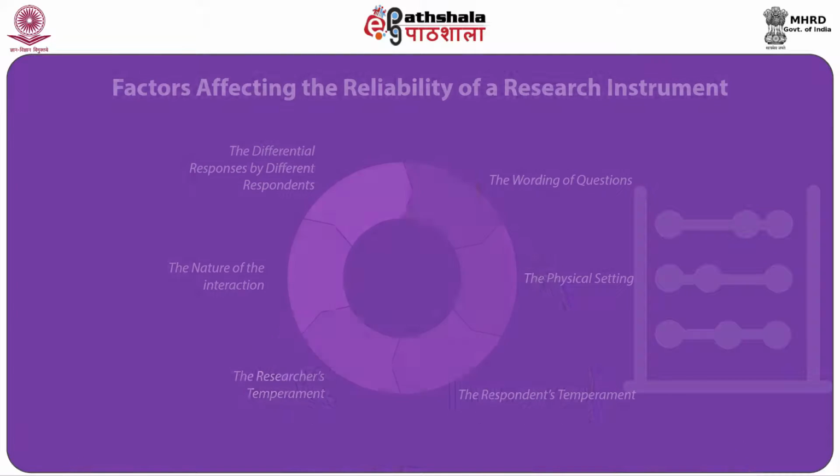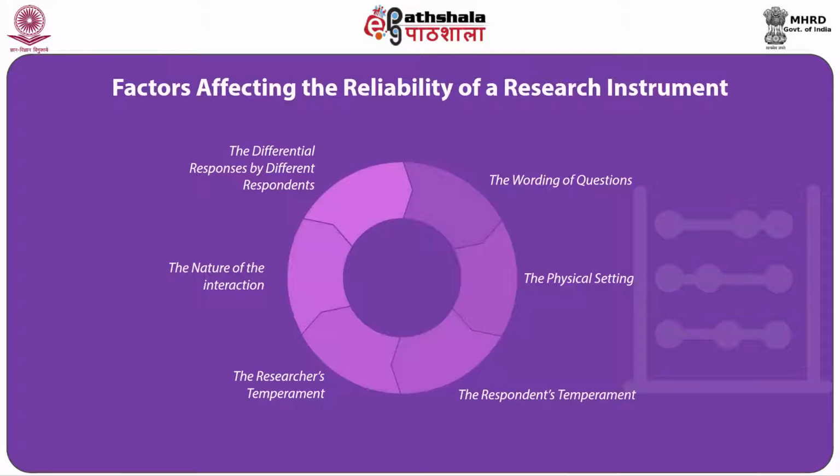Some of such factors are listed here: the wording of questions, the physical setting, the respondent's temperament, the researcher's temperament, the nature of the interaction, and differential responses by different respondents. We will briefly discuss each one of these.